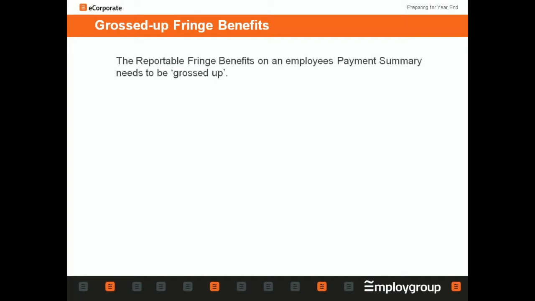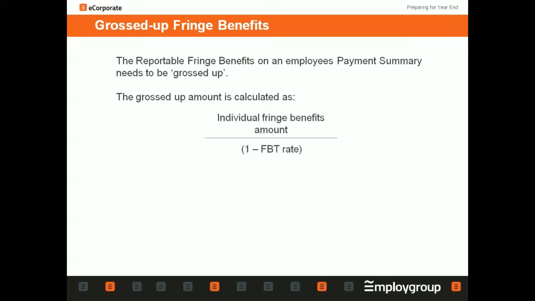Grossing up fringe benefits: as I said, the reportable fringe benefits on an employee's payment summary need to be grossed up. The grossed up amount is calculated as the individual's fringe benefit amount divided by 1 minus the FBT rate. So the FBT rate for the 1 April 2016 to 31 March 2017 FBT year is 49%.